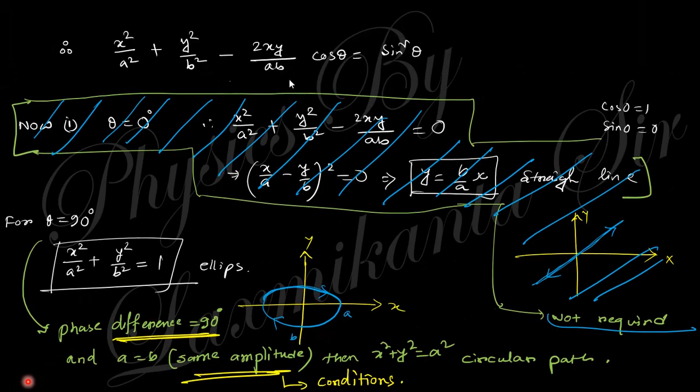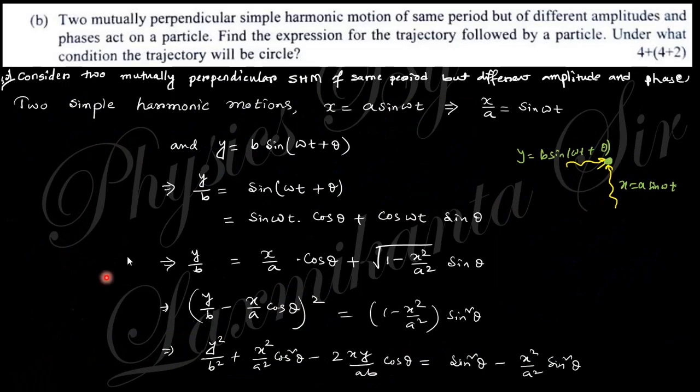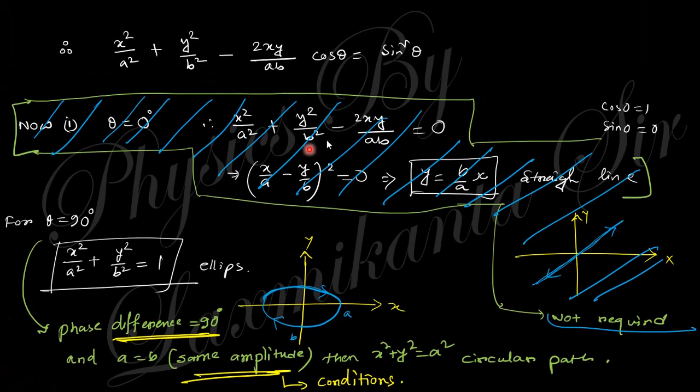After that the question says under what condition the trajectory will be a circle. This is the general equation of an ellipse.